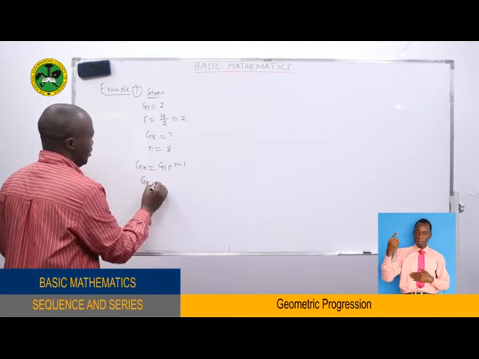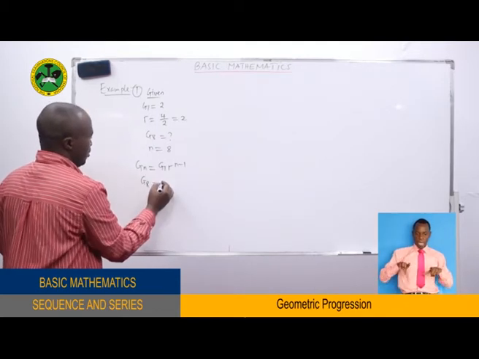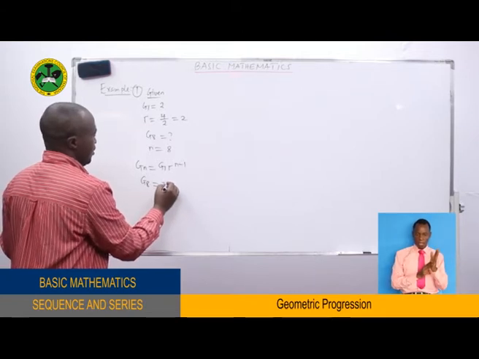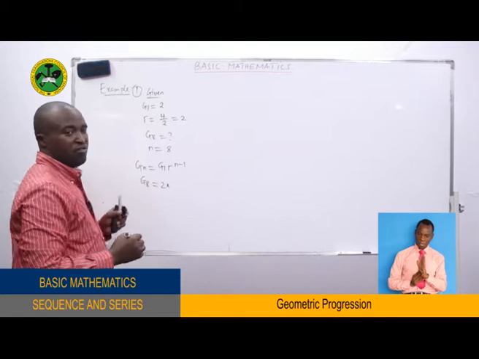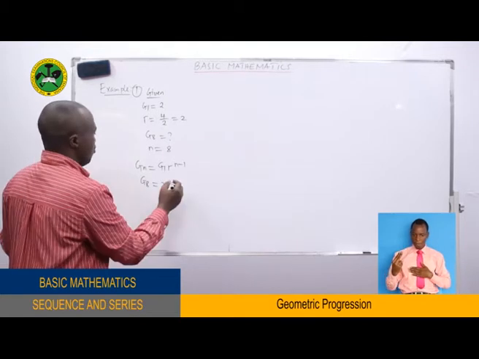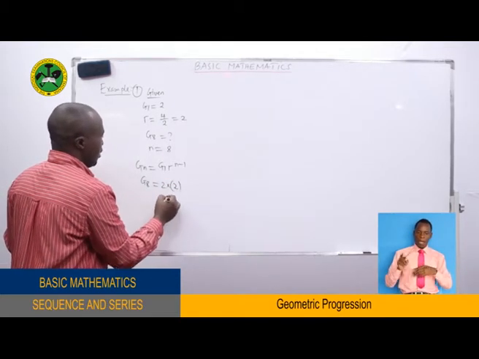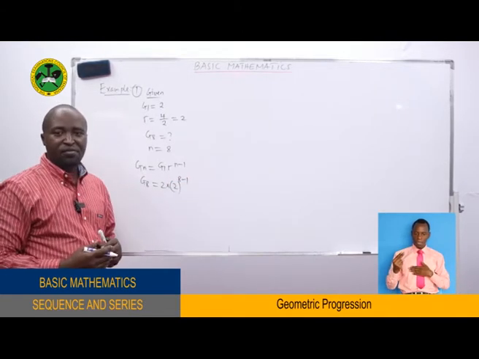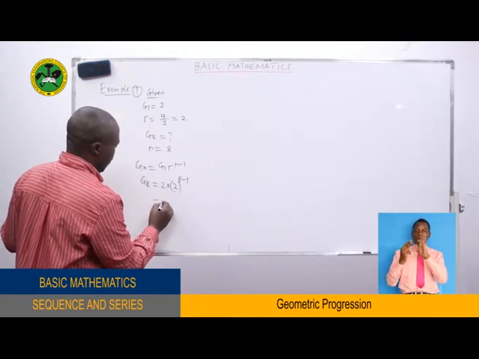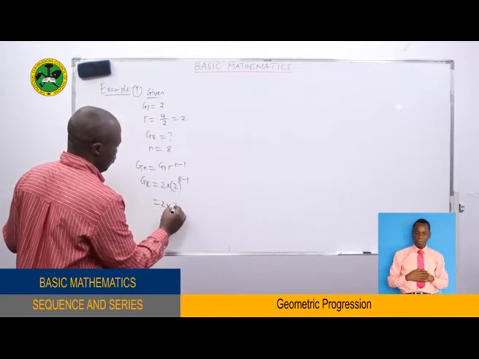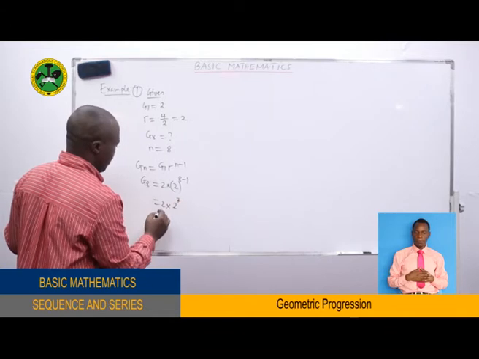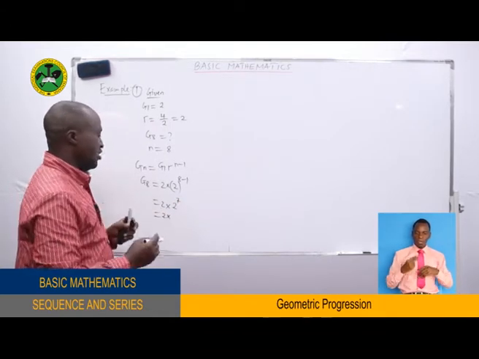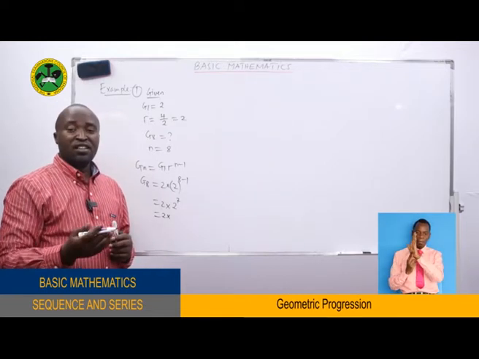Therefore, G8 is equal to G1, which is 2, times R, the common ratio, which is 2, raised to 8 minus 1. So in this case, we have 2 times 2 raised to 7.